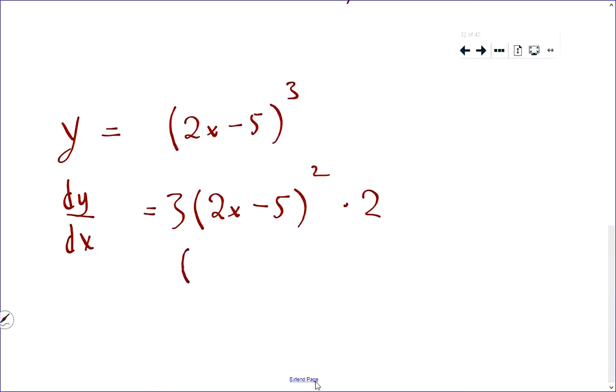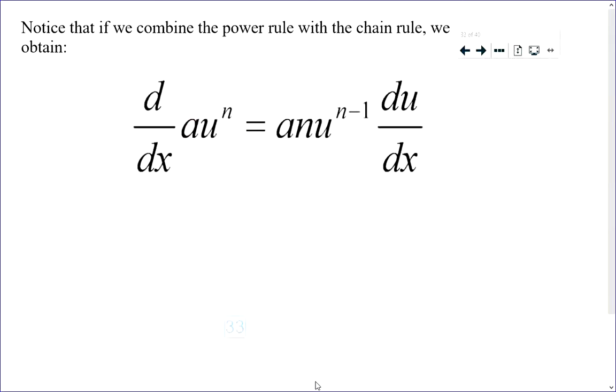So you end up with 6 times (2x minus 5) squared. Now the chain rule is applicable to a lot of other things, as we'll see, but for the time being, what really happens here is we combine things now. You remember when we said if you had a number times x to an exponent, you move that exponent in front and drop 1 from the exponent?